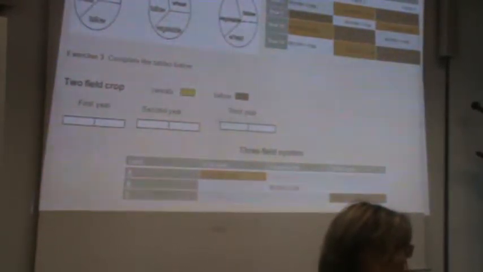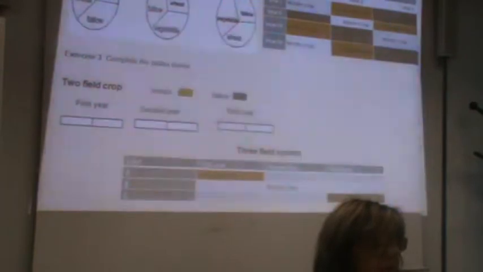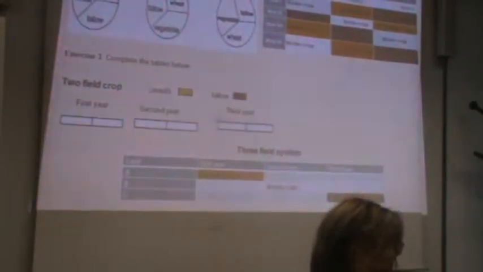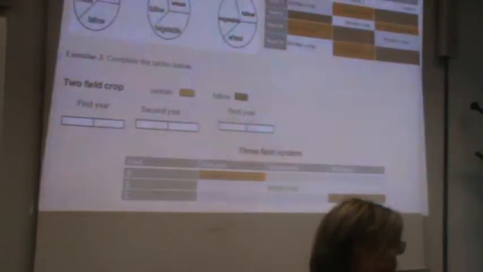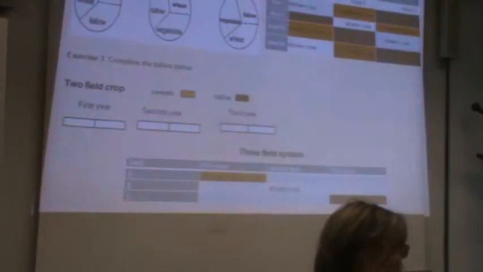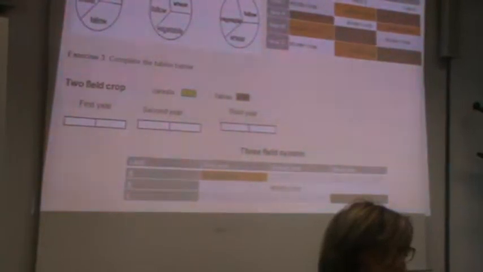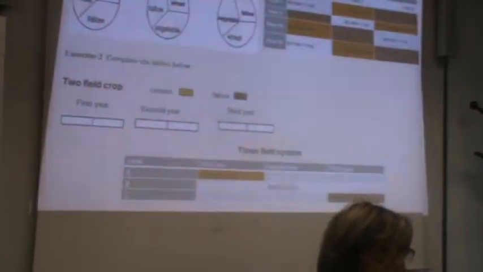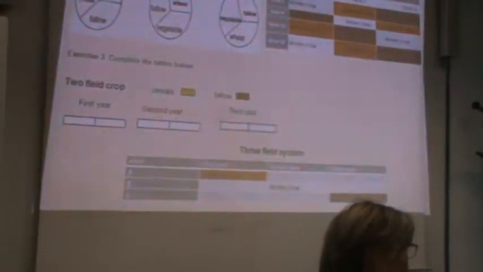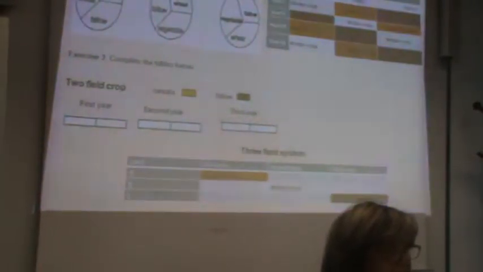I used color to help students distinguish the winter crop, summer crop, and fallow, so maybe they can choose in an easy way.